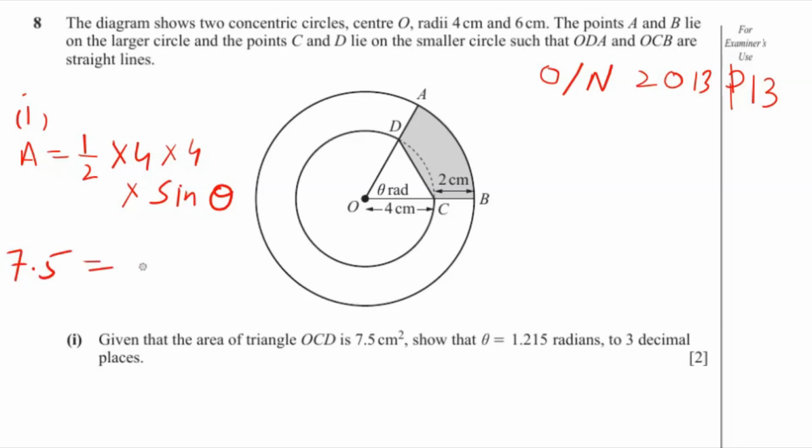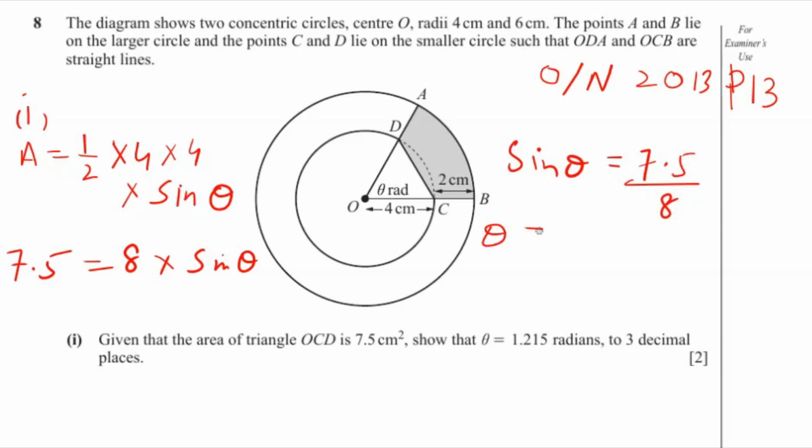7.5 is equal to 1 upon 2 into 4 into 4 is 8, 8 into sine theta, and sine theta is equal to 7.5 upon 8, and theta is equal to sine inverse 7.5 upon 8.